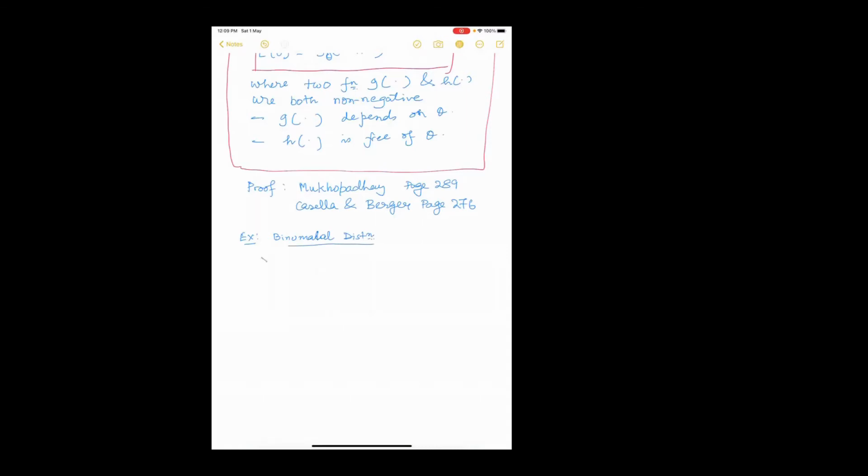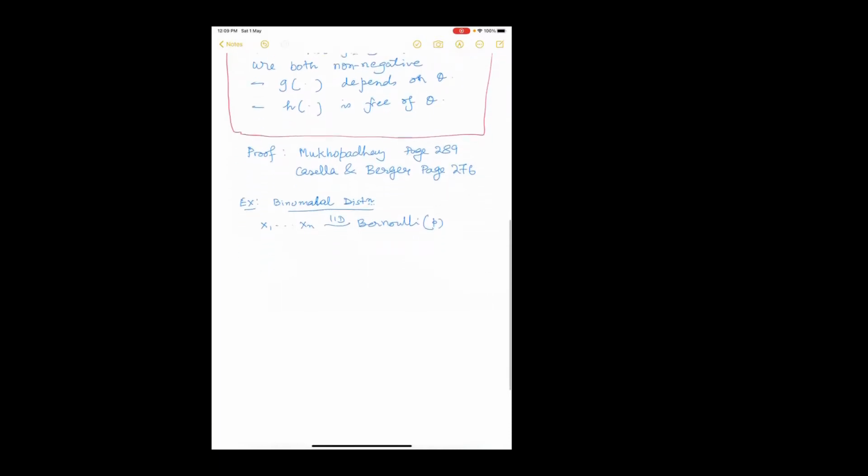So basically X1, X2, ..., Xn, let's even take a simpler Bernoulli(p). Okay, so what is the parameter space here? p is in (0,1), the range 0 to 1.